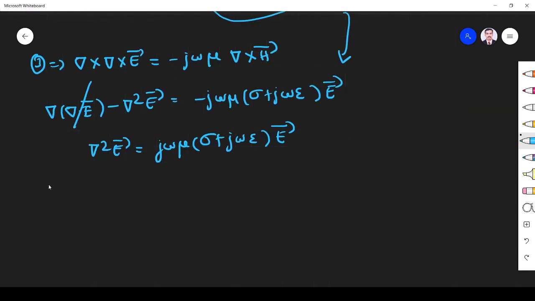Now we bring this to the left hand side: del squared E minus j omega mu times sigma plus j omega epsilon times E is equal to 0.